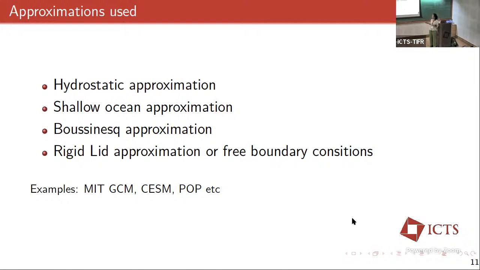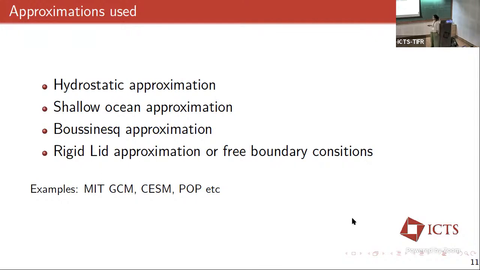And so we need some approximations, because if we want to simulate the whole Navier-Stokes in one go, it is impossible. So here, there are 4 approximations, and all the ocean models till date are built on these 4 approximations alone and nothing else. First we have the hydrostatic approximation, then the shallow ocean approximation, Boussinesq, and rigid lid or free boundary.